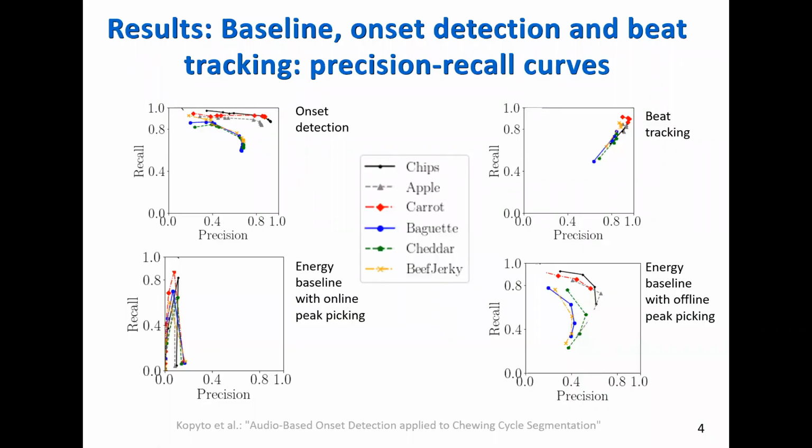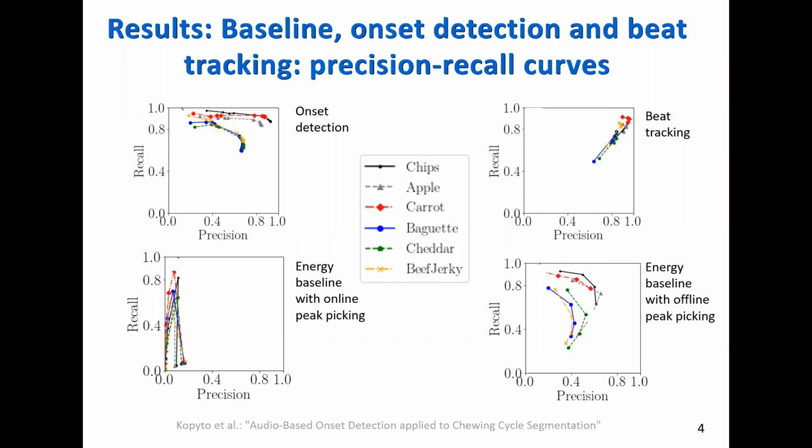On this slide, precision recall curves obtained from all 3 techniques are shown. Best performance is found on the top right corner of each plot. On the upper left side, the PR curve of spectral flux onset detection is displayed, where one can see that this algorithm performs well, especially for louder food types, as it works with differences in the spectral domain.